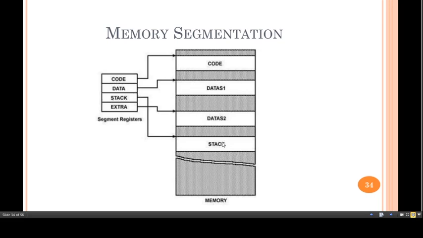So 4 segments are there: code, data, extra and stack, and in association with that there are 4 segment registers: code segment register, data segment register, stack segment register and extra segment register. And these registers are used to store the starting address of each segment.